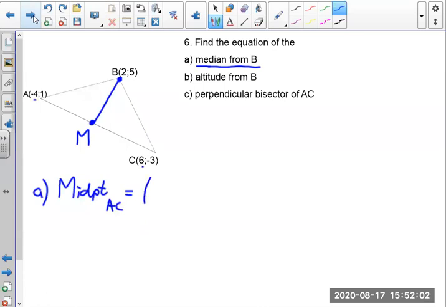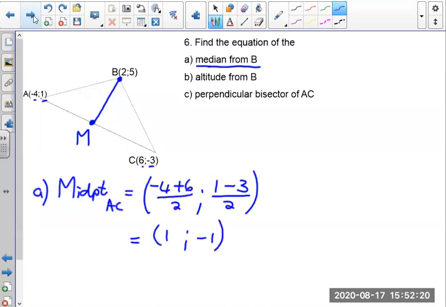x plus x divided by 2 and y plus y divided by 2. That gives me 2 divided by 2 is 1 and minus 2 divided by 2 is negative 1. So this midpoint is (1; -1).